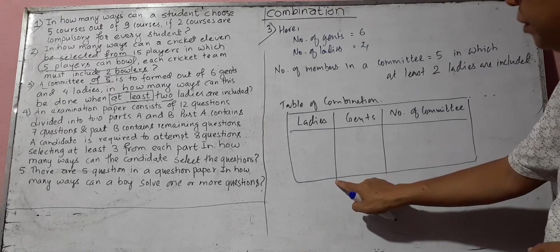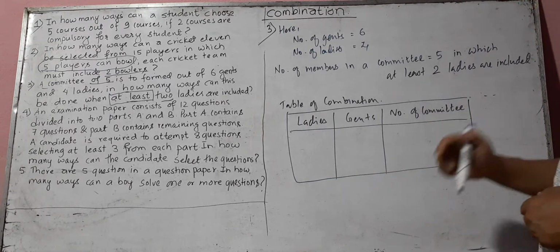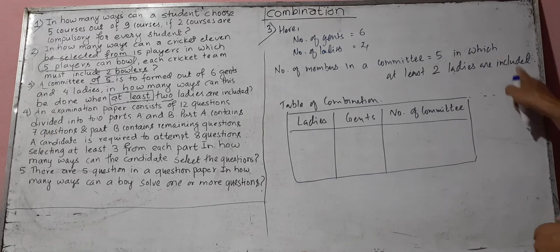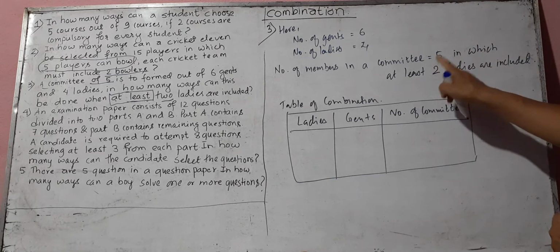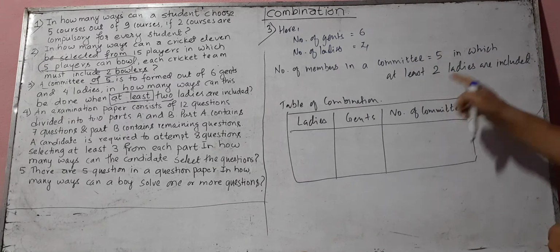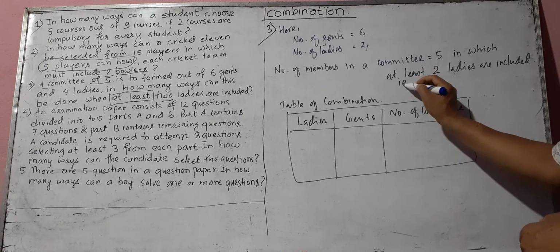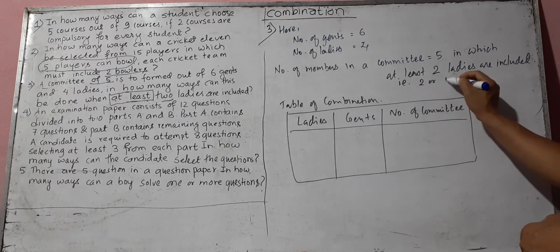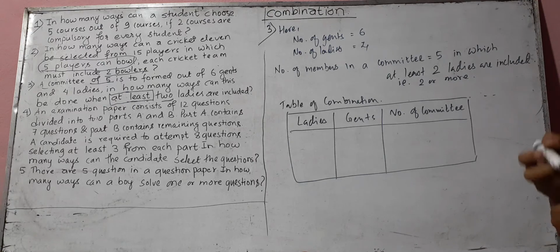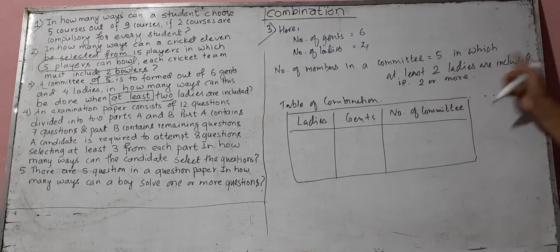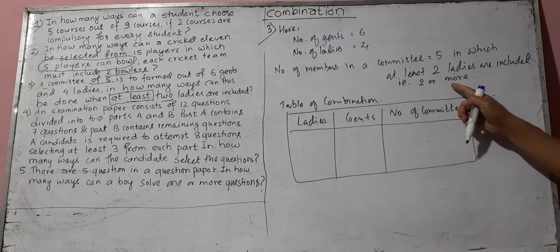Look at it now. So how many possible cases? At least two ladies. So first of all, fix the number of ladies. At least two ladies means two or more ladies.